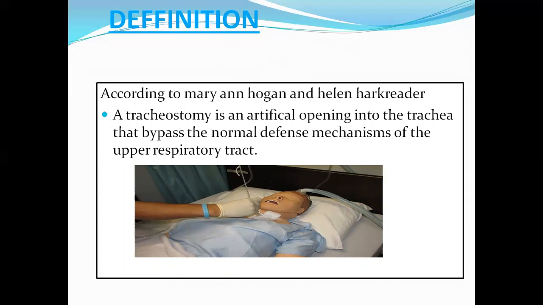But if the person has an emergency condition, the surgeon has to make an artificial opening into the trachea that bypasses the normal defense mechanism present in our body in the upper respiratory tract. So this is the definition of tracheostomy.